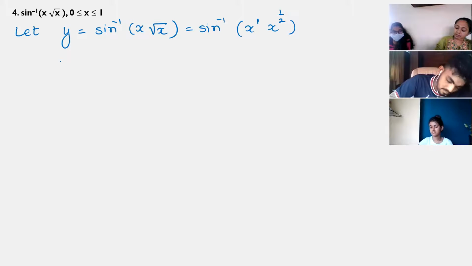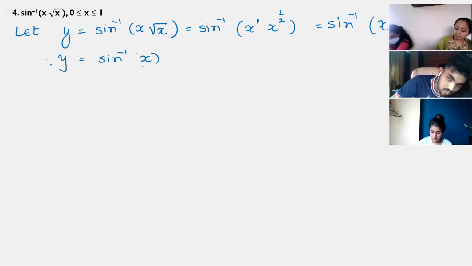If bases are the same, exponents can be added up. It's like y is equal to sine inverse of x to the power 3 by 2. Only x to the power 3 by 2, by the way.